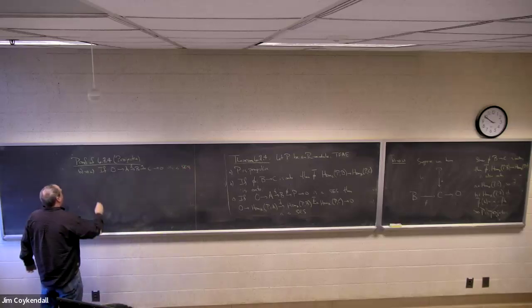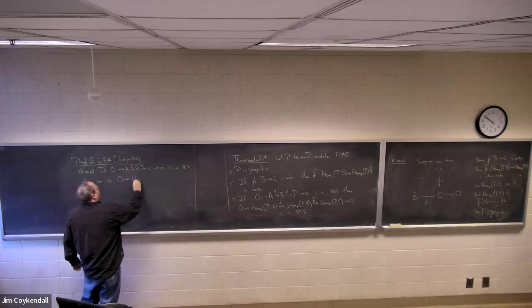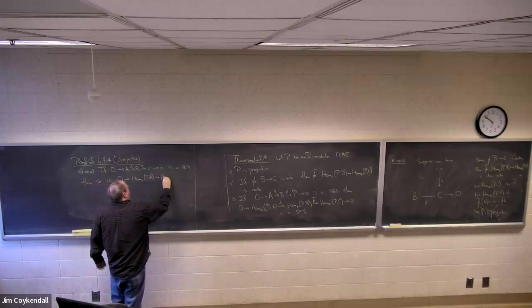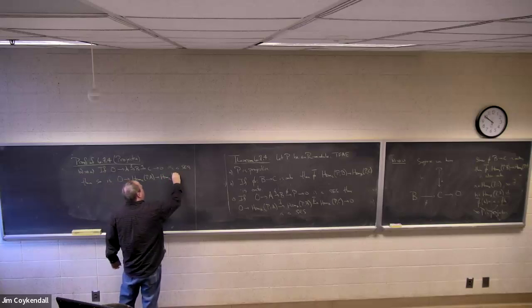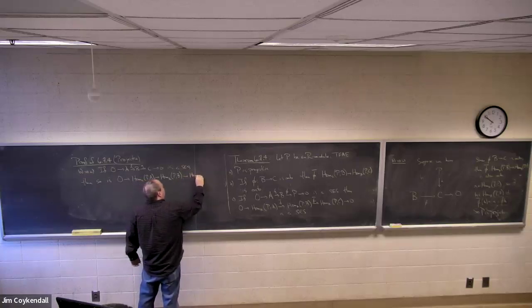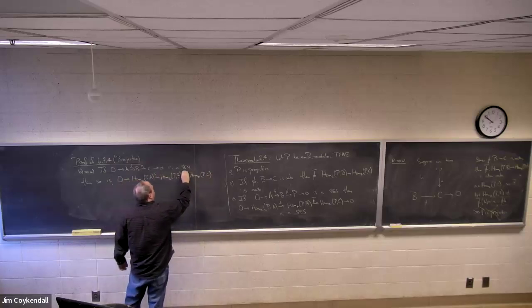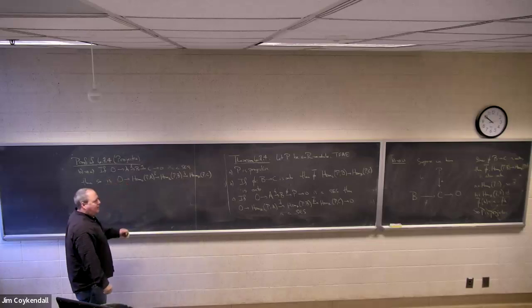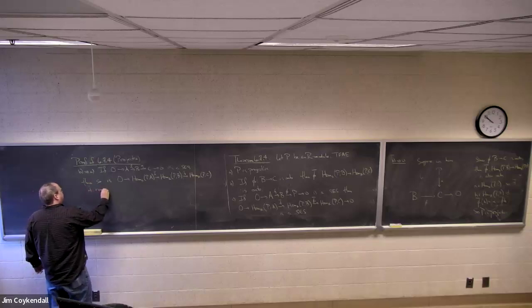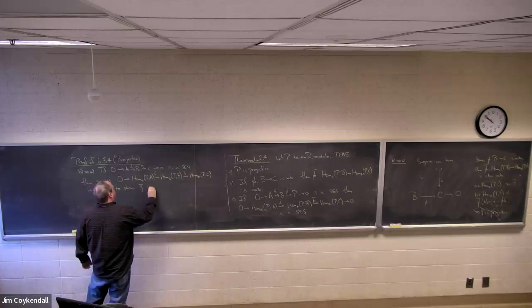So in particular, then so is 0 to PA to PB to PC. We already know this, we already know this. It remains to be shown that G bar is onto.